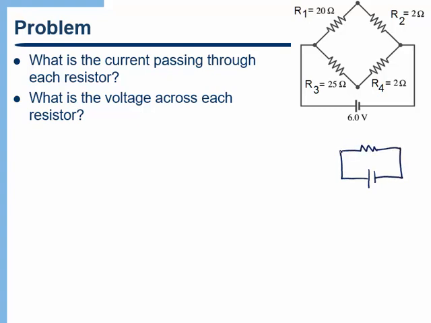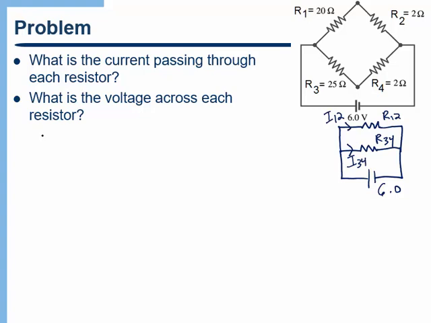So remember that our first combination was this, that we had R12 and we had R34. Okay, so one of the things that you'll notice is that we know what the voltage is across each of those because they're connected in parallel to the battery. So I'm going to figure out what is the current through each of these branches. I'm going to call the current there I12 and the current there I34.